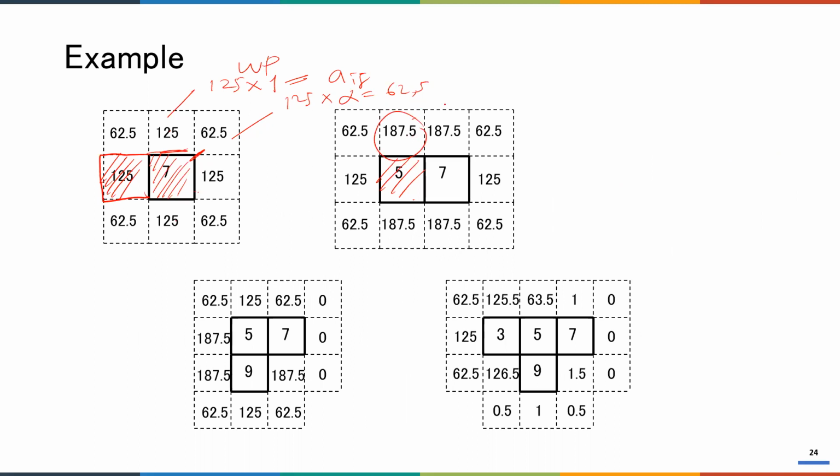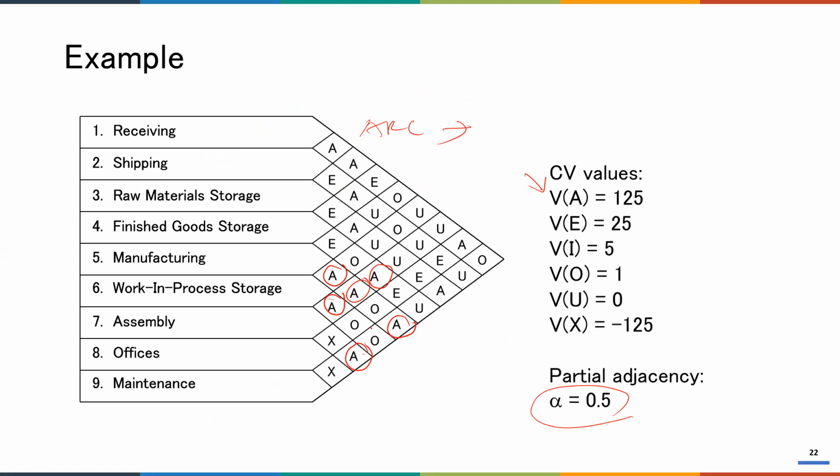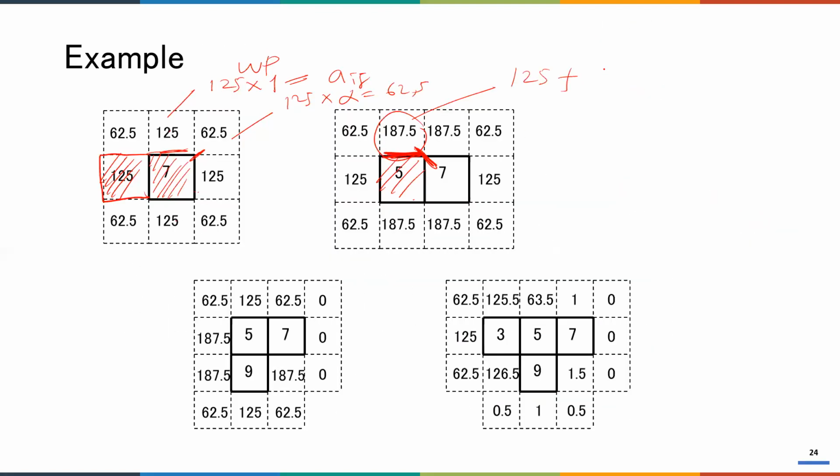As we can see here, it's adjacent with 5, so it's 105, plus it's partially adjacent with number 7. The relationship between departments 7 and 9 is also A. So it's 125 multiplied by half. So it means it's 187.5. And then you calculate again for the others.